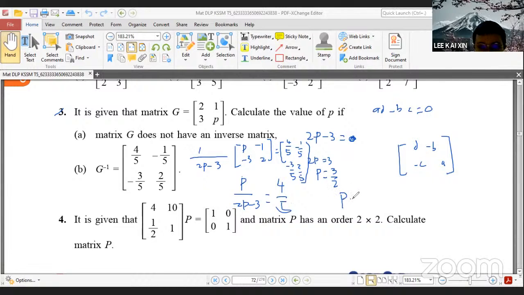So P is equals to 4 over 5 times 2P minus 3.